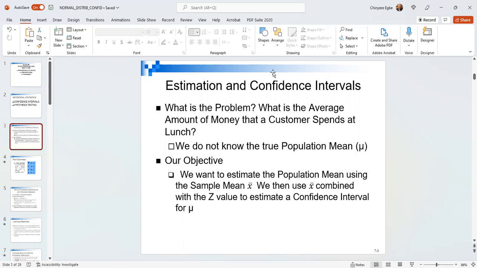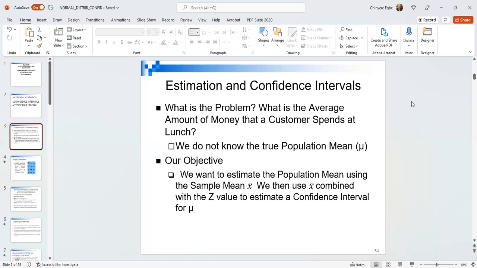So our objective is that we want to estimate the population mean using the sample mean. The population mean is mu. The sample mean is x bar. Now, in order to do this, we have to assume a probability distribution.